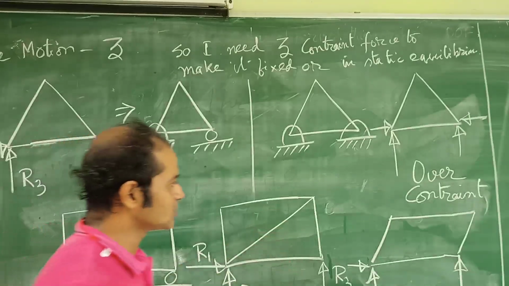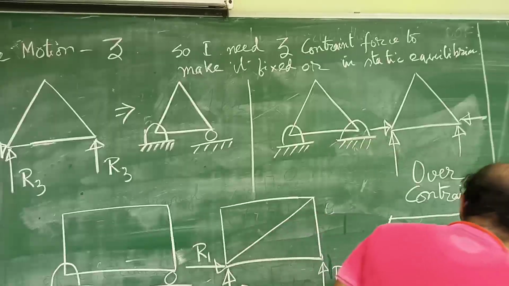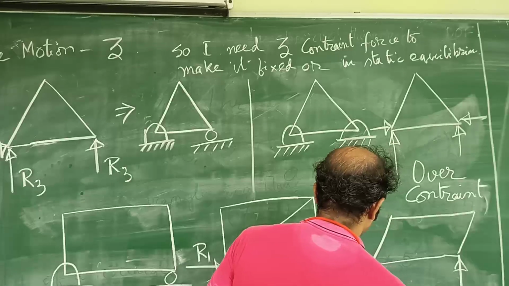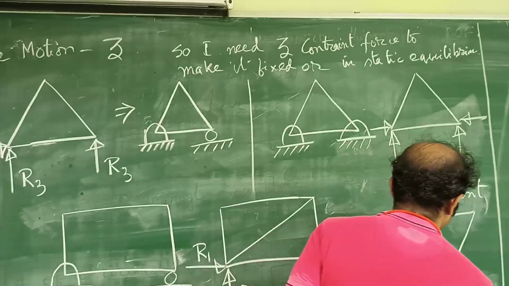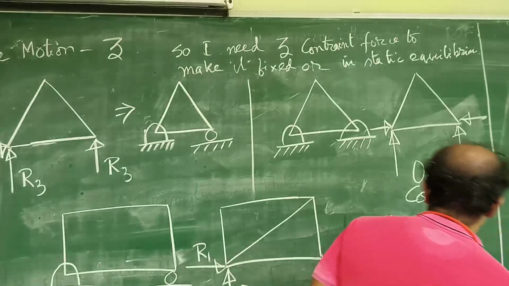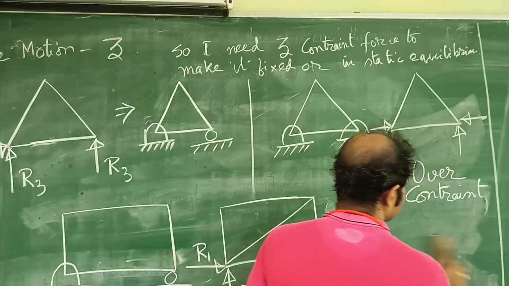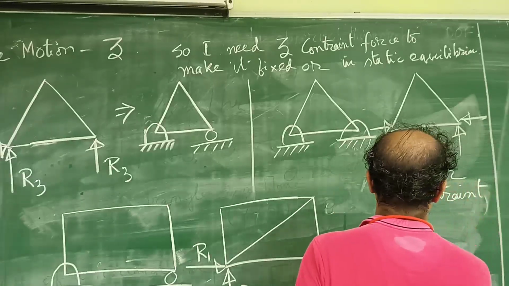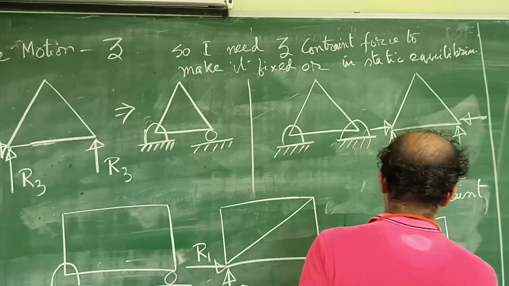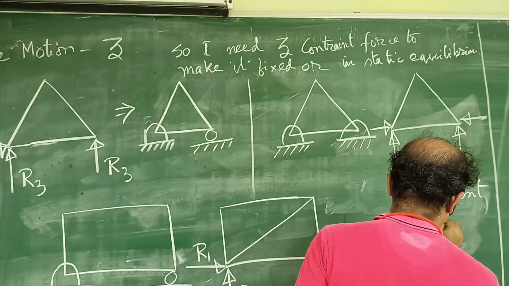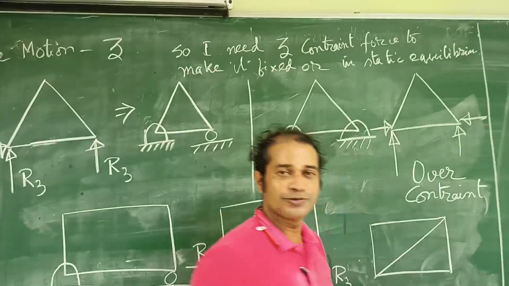Now tell me how many degrees of freedom if I am just going to change this part. For example, this rectangle is now being changed to this. How many degrees of freedom are you having?